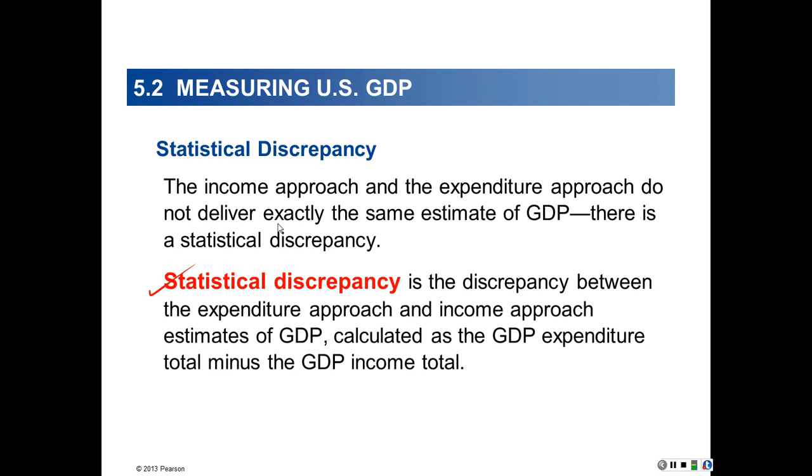Well, not strictly speaking, not all of it, because we have those 2 leaks, correct? But once you account for those 2 leaks, then we ought to get the same answer from the income approach as we got from the expenditure approach, right? So this is how GDP is typically calculated by governments. There are these 2 approaches that can be used, okay?